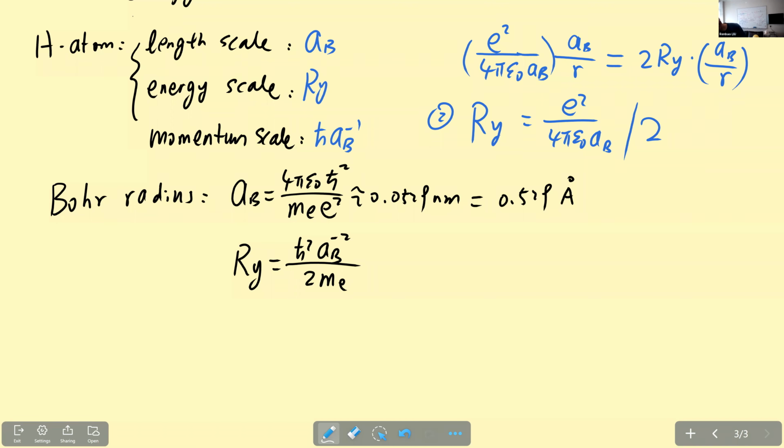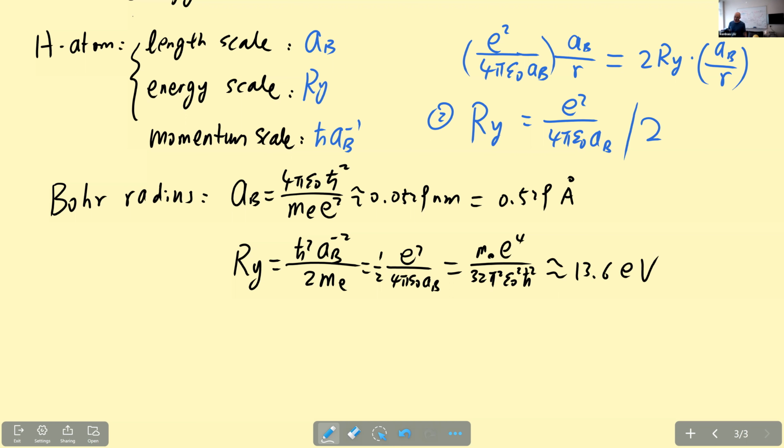I think there's also a typo in the lecture notes. It should be a_B to the -2, not to the power 2. This equals half of e squared over 4 pi epsilon 0 a_B, which equals m_e e to the power 4 over 32 pi squared epsilon 0 squared h bar squared. Roughly it's about 13.6 electron volts. This is called the Rydberg energy.